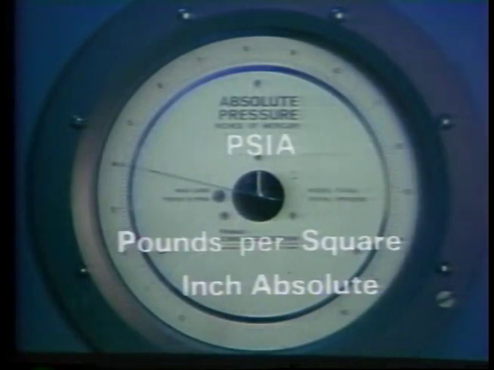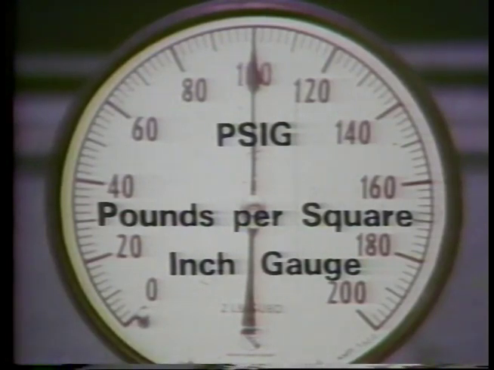Pressure measurements using the absolute scale are usually identified by the units PSIA, meaning pounds per square inch absolute. Measurements on the gauge scale use the units PSIG, pounds per square inch gauge.